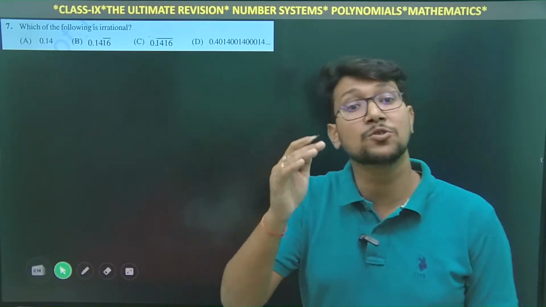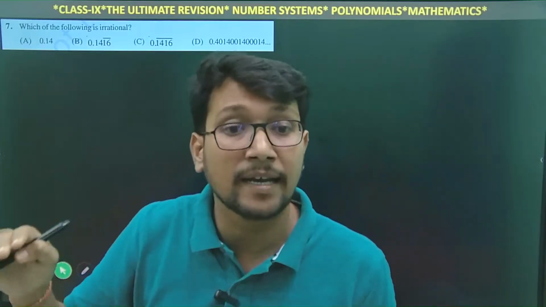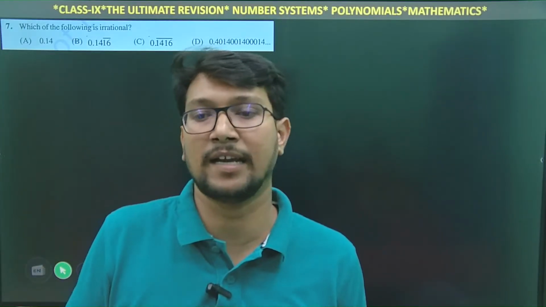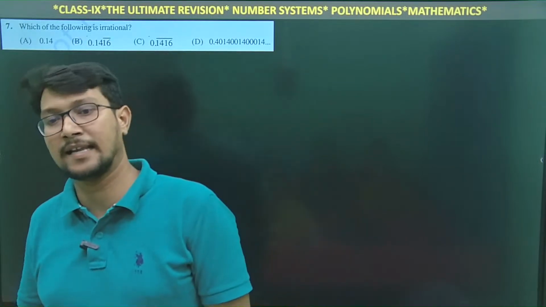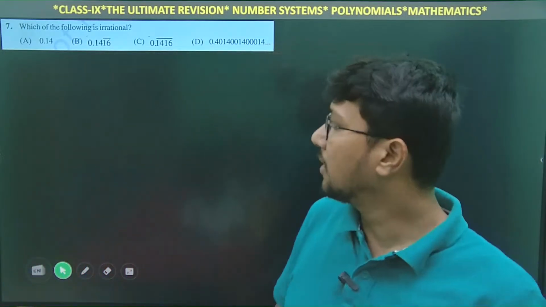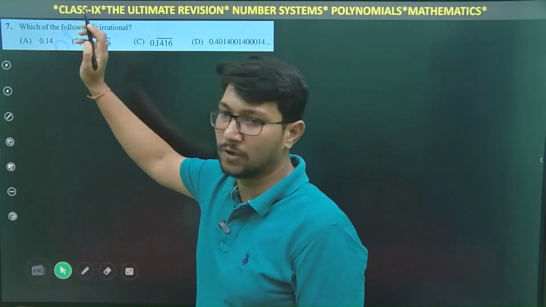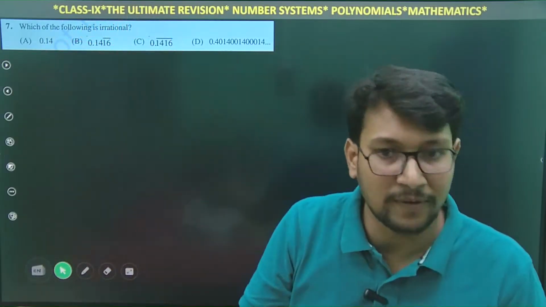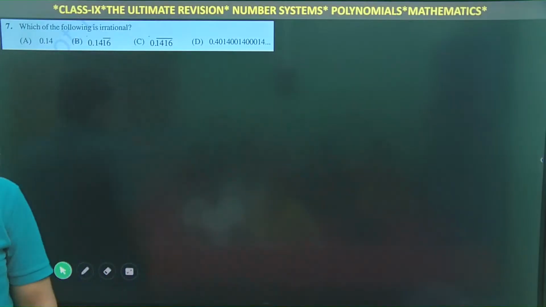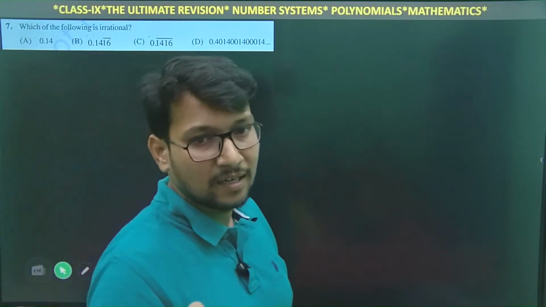So which one shows non-terminating, non-repeating? Recurring decimals are rational or irrational? Rational. Right? So here 0.4 is which kind of decimal? Terminating.